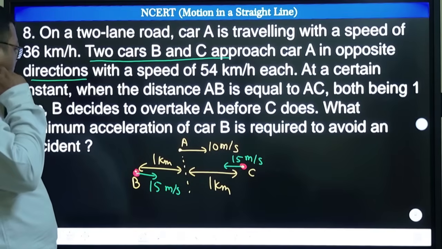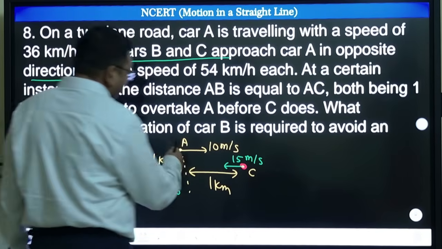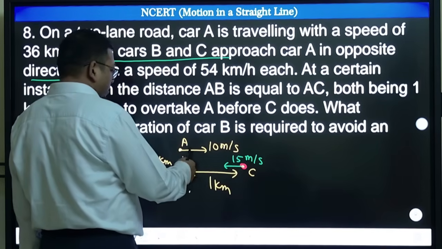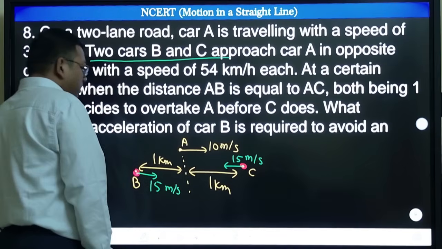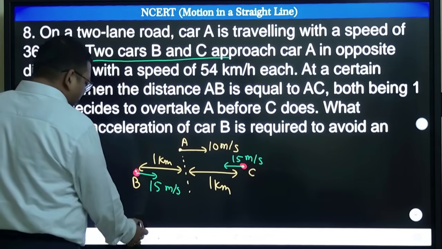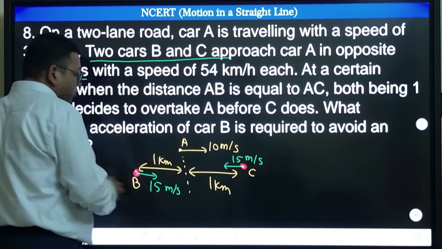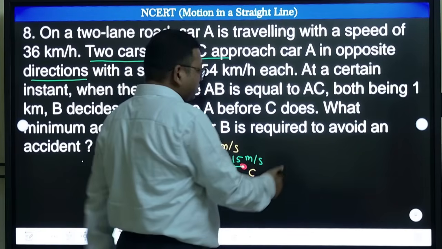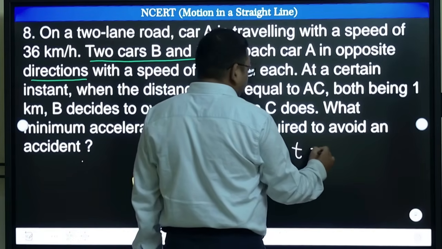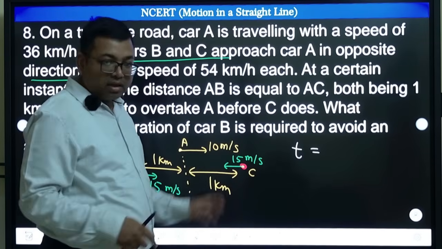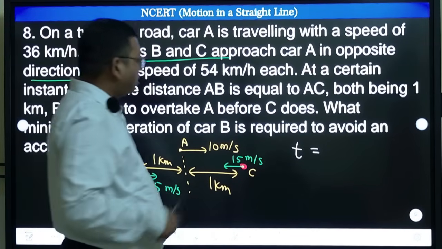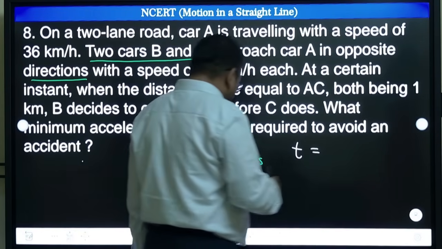Okay, so first of all, you should know how much time C will come here, because distance is given, so that time we can calculate first, because relative motion they are going in opposite direction. So let us calculate that time when C will meet A. How much time? Time is distance by speed.